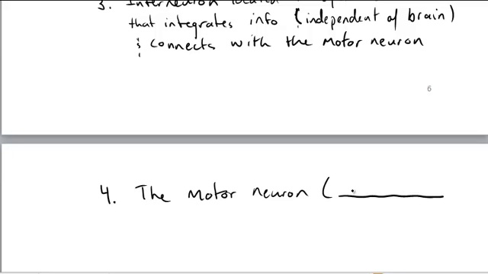Afferent. The motor neuron goes to the effector. It's called the efferent. So sensory is afferent. Motor neuron is the efferent neuron.